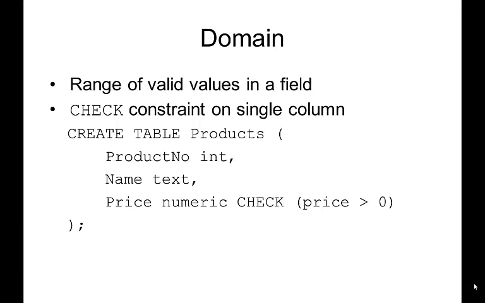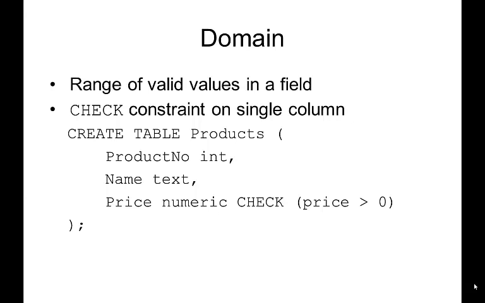So here's a check constraint example on a single column in our create table function. It's a products table. There is something being produced: product number integer, product name text, and a numeric price field. The price has to be more than 0.